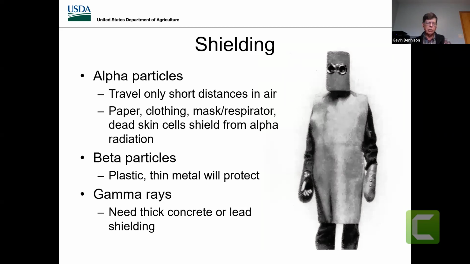Beta, we are a little bit concerned about a lot of beta releasing material being on the outside of your skin, causing the burn. Gamma rays, really, you need that thicker concrete or lead shielding, and walking around doing stuff with that on is not realistic. But if you're taking x-rays or working in a medical field around radiology, then yeah, you're going to be able to use the shielding. You're going to have a control booth behind a shielded wall and shielding on that you can wear if you have to be there.